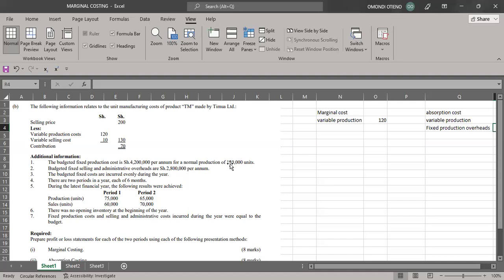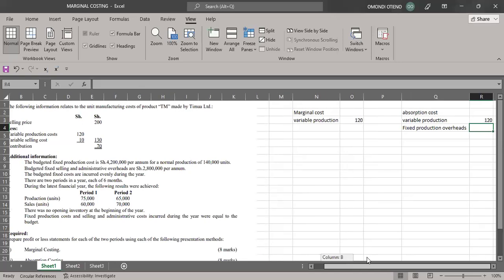That's number one, right? Because the fixed production overheads are absorbed based on the units produced. So when you take 4,200,000 divided by 140,000, what are you getting as the fixed production overhead per unit?